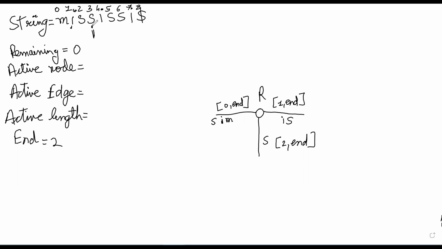So according to the rule 1 classifier, we're going to append S to every leaf node we have right now in our tree. And increment our remaining by 1 and end by 1.